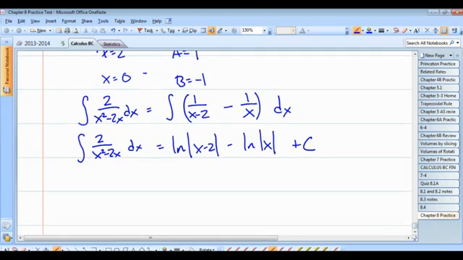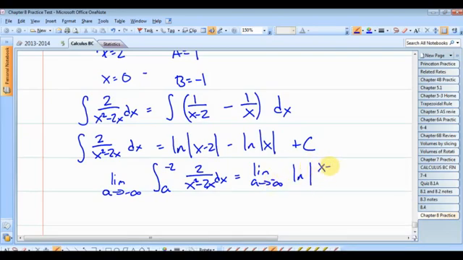Okay, now that we have the antiderivative, we work on the integral. The integral from negative infinity, or the limit as a approaches negative infinity, to negative 2 of 2 over x squared minus 2x dx is equal to the limit as a approaches negative infinity of the natural log of x minus 2 over x from a to negative 2.